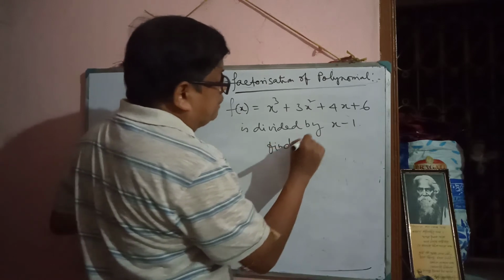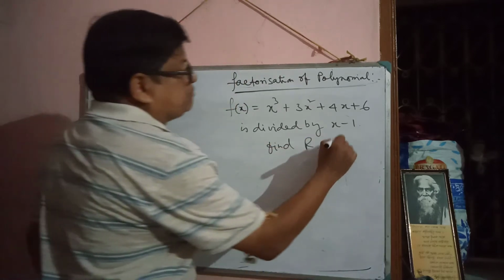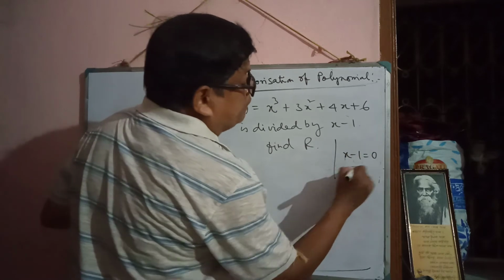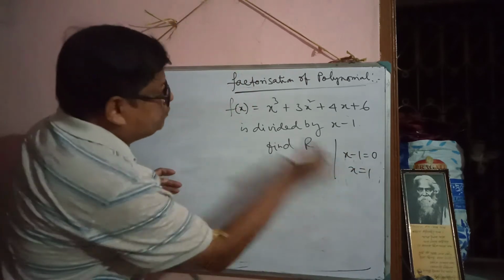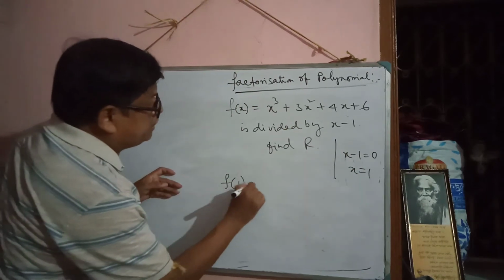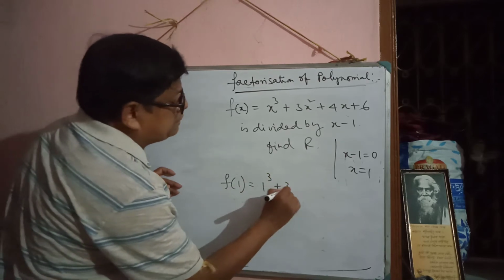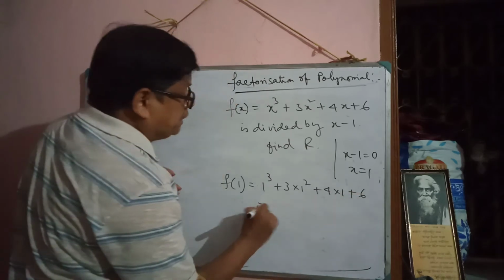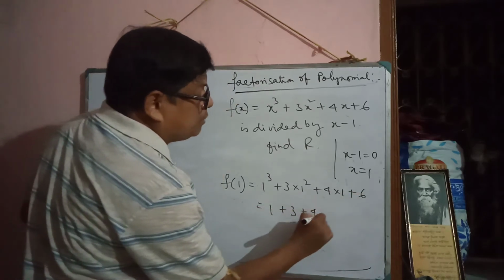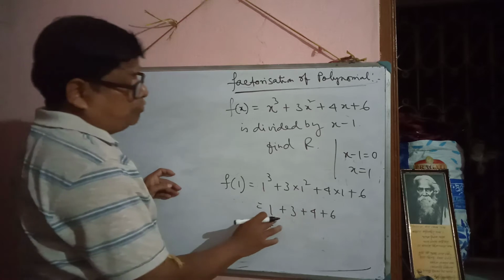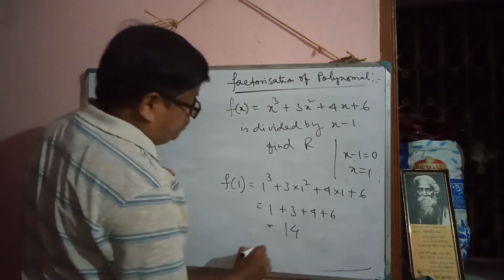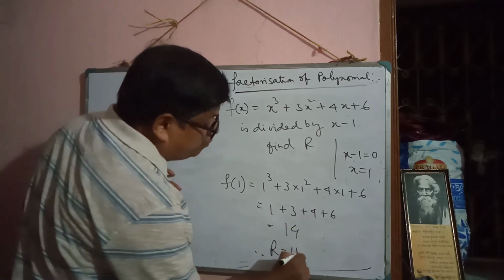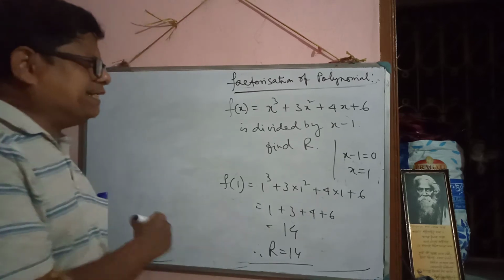Find the remainder r. So write x minus 1 equal to 0, then x equals 1. Just put the value. f of 1 equals 1 cube plus 3 into 1 square plus 4 into 1 plus 6, that is 1 plus 3 plus 4 plus 6, which is 14. So the remainder equals 14. This is the answer.